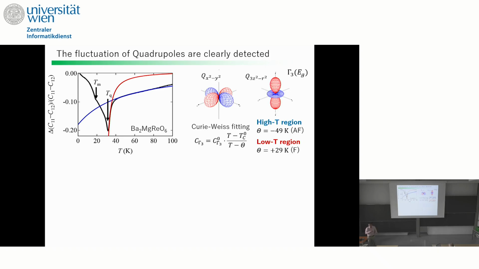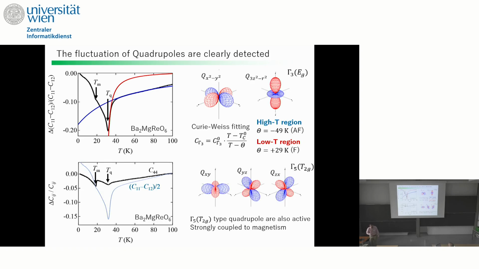Actually, this is just a preliminary fitting, but we have a negative Weiss constant at high temperature fitting, and close to TQ, we have ferro interaction between quadrupole moments. This is somehow consistent with our observation in the X-ray diffraction experiment. We saw the coexistence of antiferroic order and ferroic order.